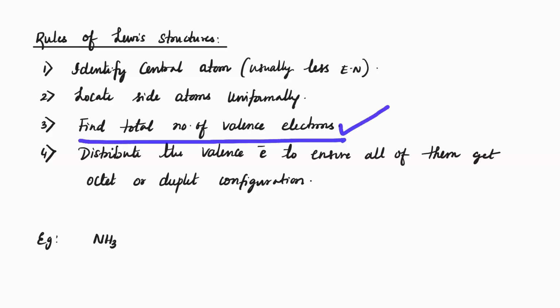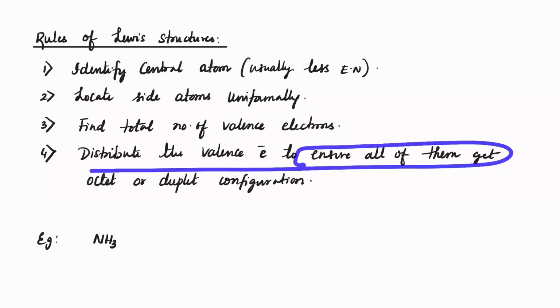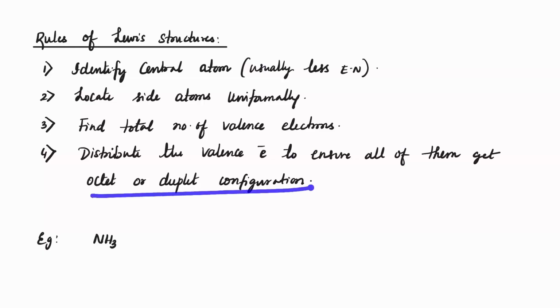Count all of the valence electrons, keep that number in hand, and then distribute them between the atoms in such a way that all the atoms get an octet completed, or a duplet in case it is hydrogen, helium, or lithium.